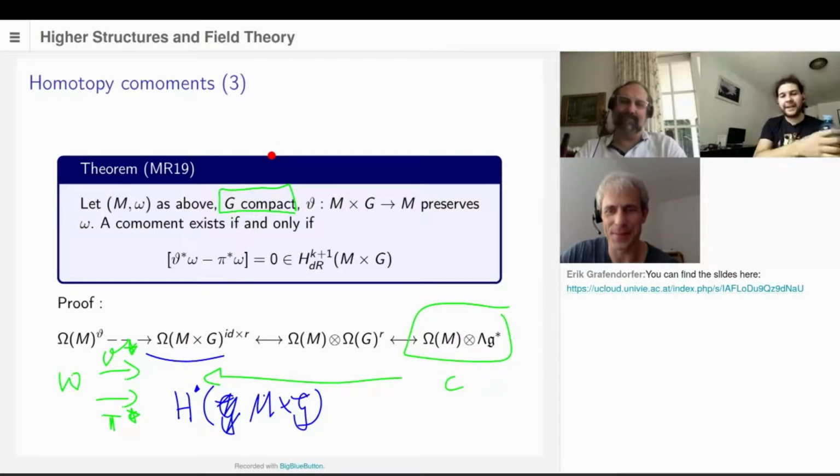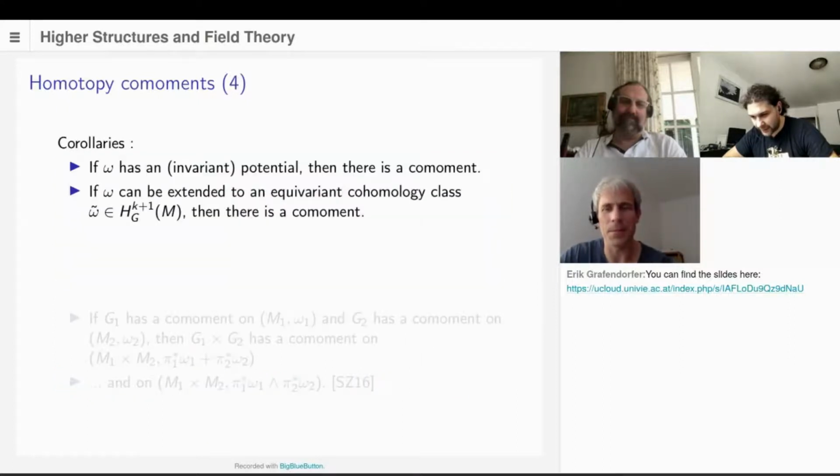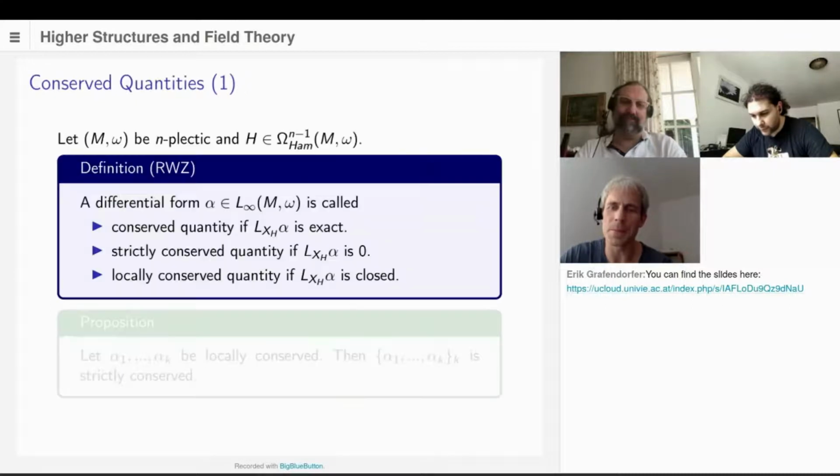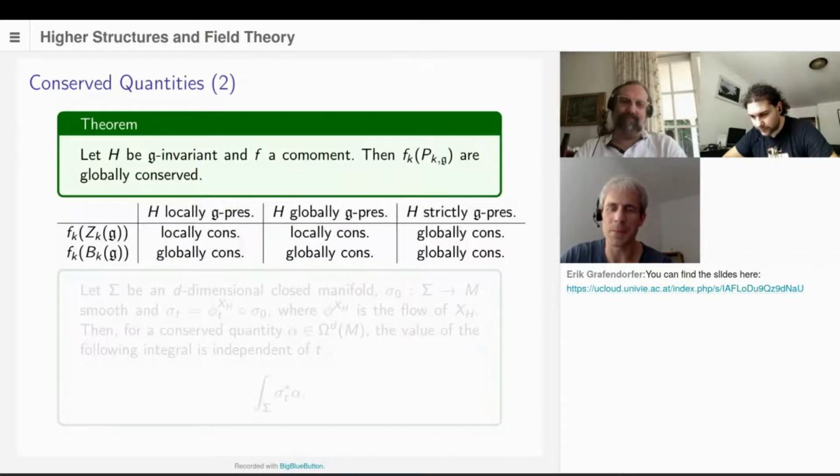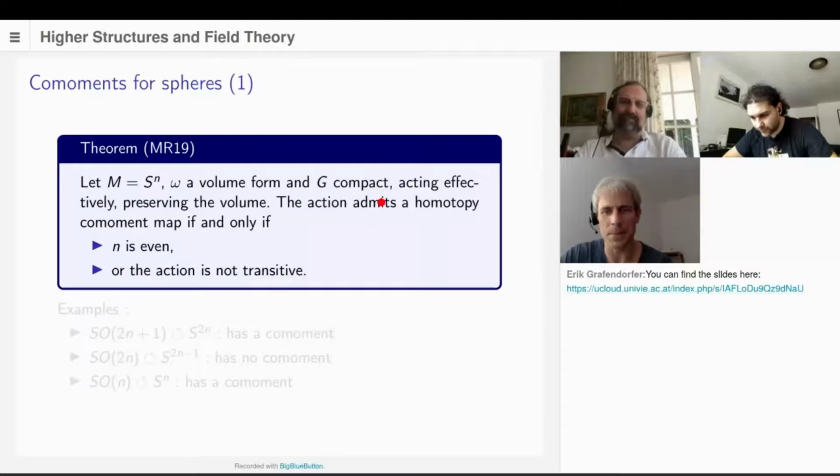So in this case, I would like to end with an application of this theorem, which means that I'm skipping a few slides. I would like to finish with this theorem, which is from the same paper with Antonio, where we have looked at the situation for spheres equipped with their standard volume form.